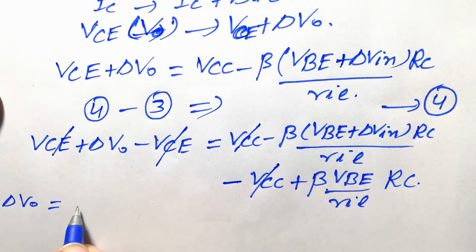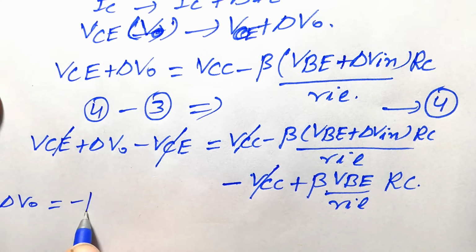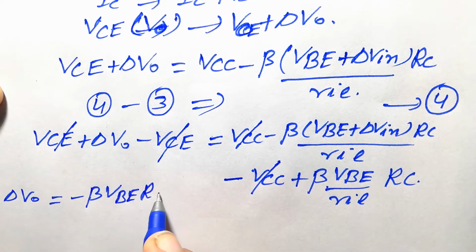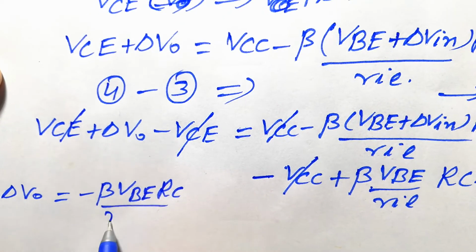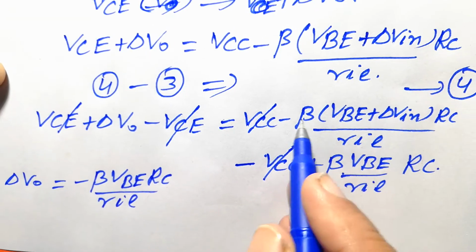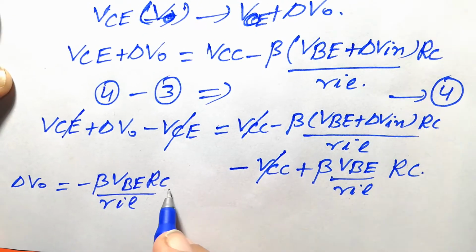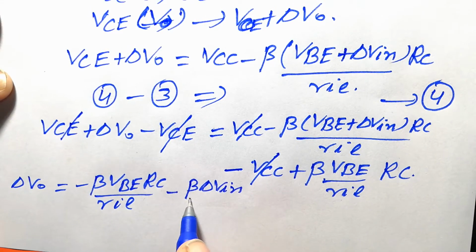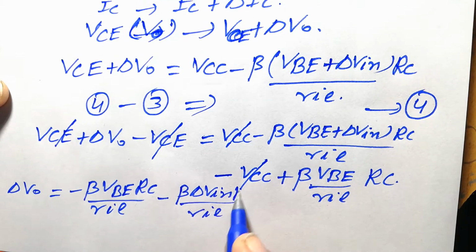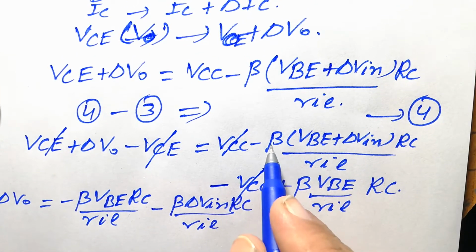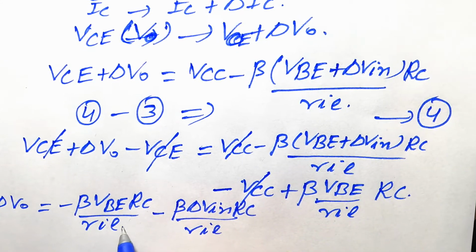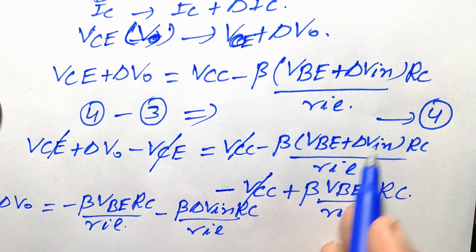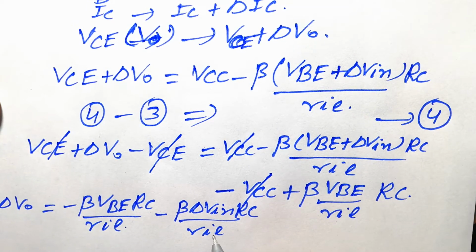You multiply minus beta VBE RC divided by RIE, and similarly the minus beta is applied on the second factor, giving minus beta delta VIN RC divided by RIE.